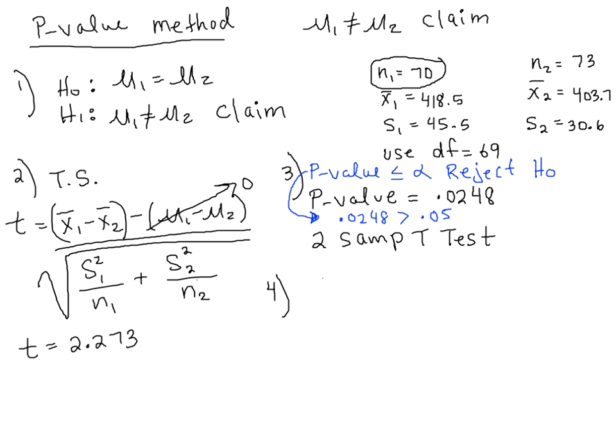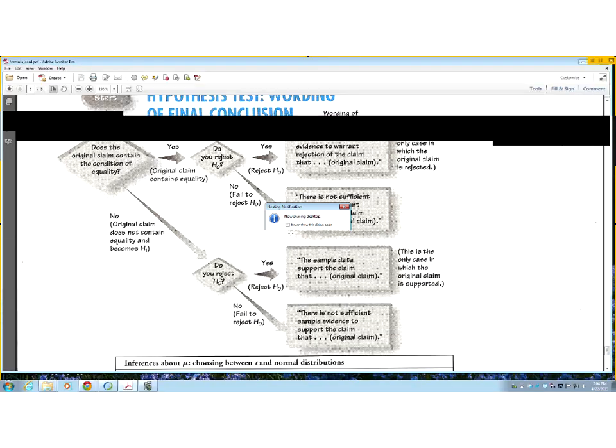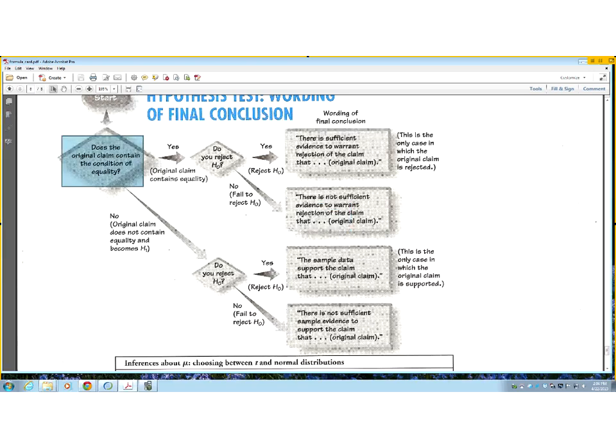Okay, and then the rest is just going back to the same conclusions that we've been looking at. All right, so you start out asking, does the original claim contain the condition of equality? So remember, the claim was that the mean distances were different.